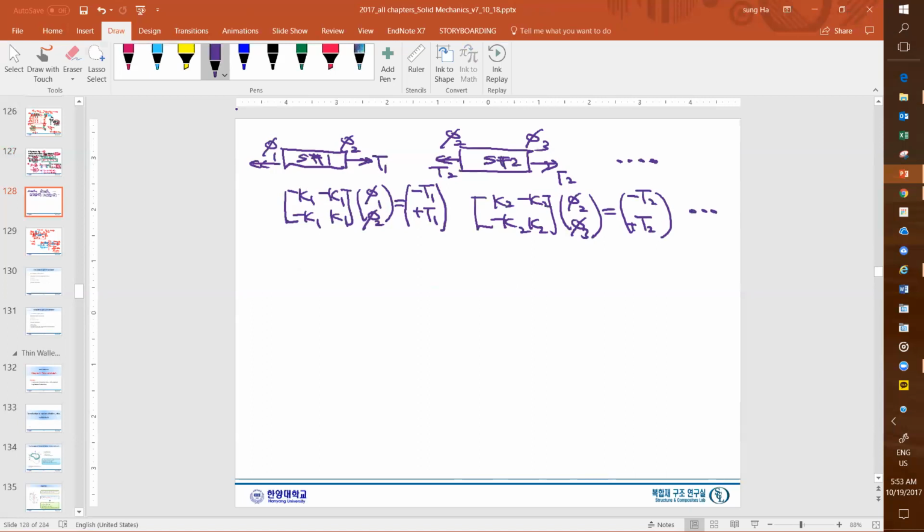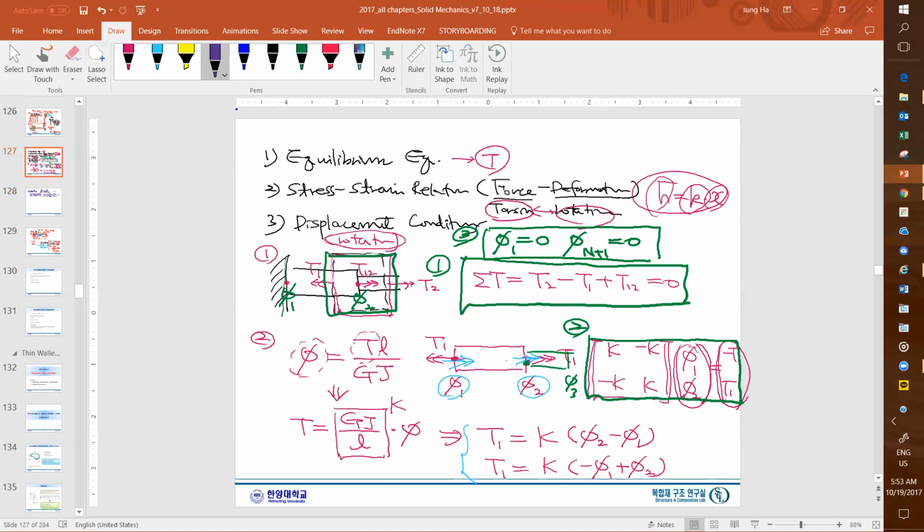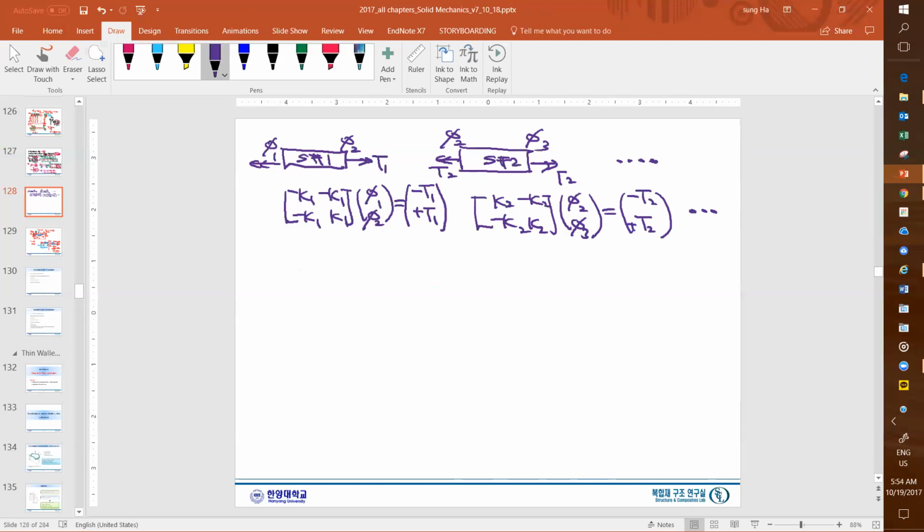We repeat the equations. And another important set of equations is the equilibrium equations. T2 minus T1 plus T2. See, this one is the torque you apply. This is a given one. But T1 and T2 are unknown. They are all unknown. Okay. So from here, we can say T1 minus T2 is simply T1 minus 2.